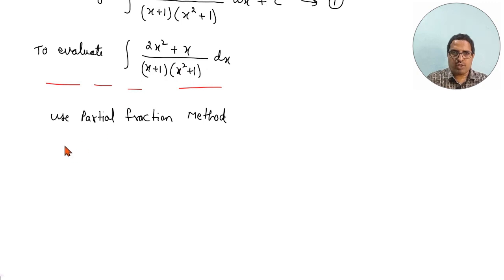So we have this expression 2x square plus x divided by x plus 1 into x square plus 1, that will be equal to the following.